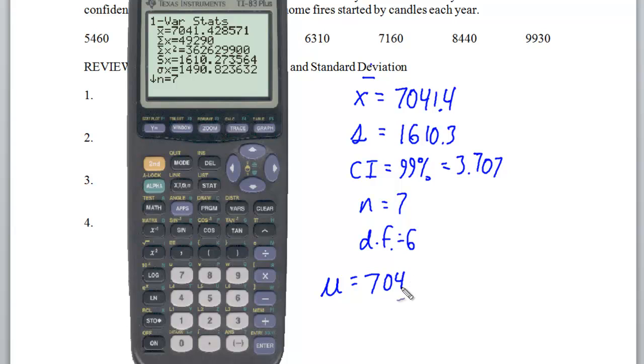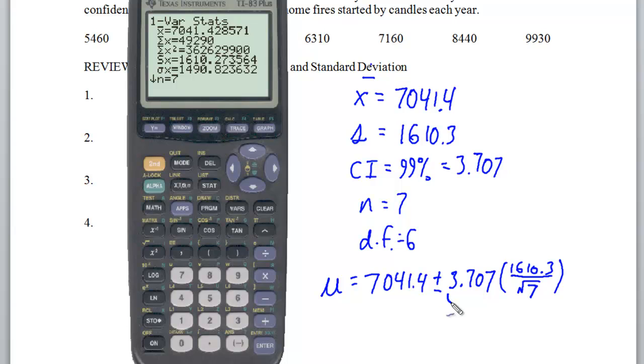So take my sample average, plus or minus our confidence interval based on our t-table, multiplied by the standard deviation divided by the square root of our sample size. Make sure not to put a 6 there.